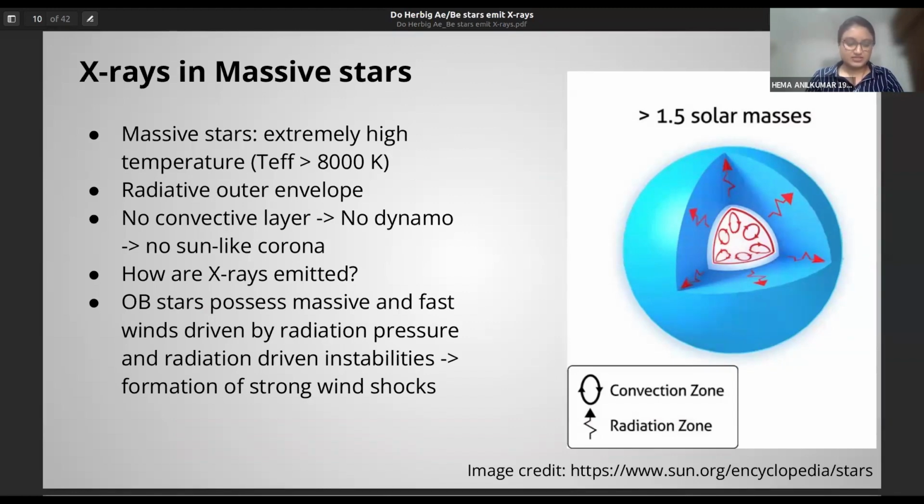So these stars possess massive and fast winds driven by radiation pressure and radiation-driven instabilities, which leads to the formation of shocks on the surface of the star. This type of X-ray emission occurs in O and B type stars.